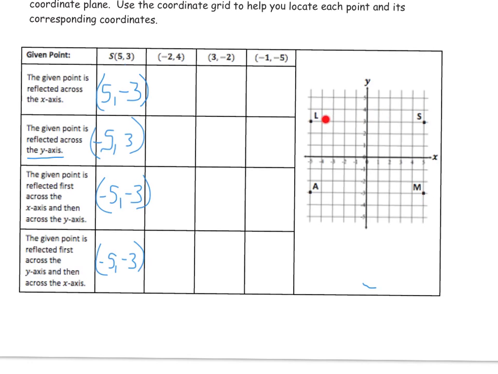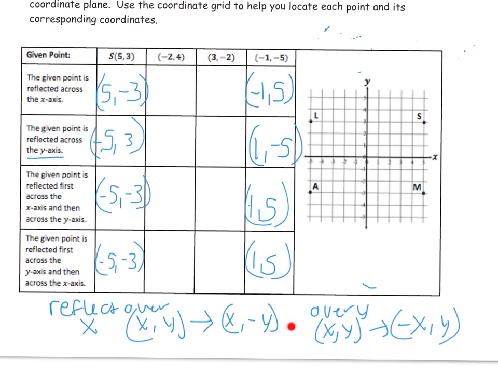When we were reflecting over the y-axis, the y stayed the same, we were going up the same amount, but the x became its opposite sign. And when we were reflecting either over the y and then the x, or the x and then the y, both signs switched. So please fill these columns out and then come back and check.